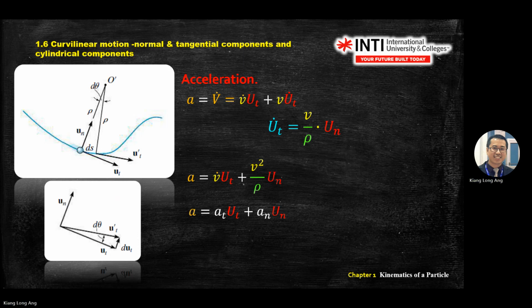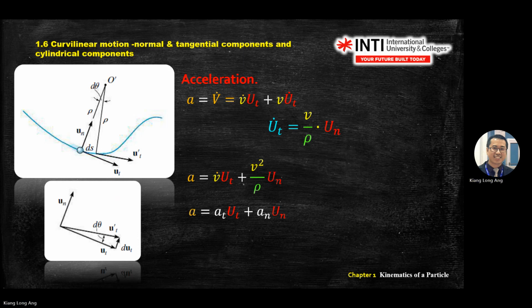Then AN, memorize, AN equals V square over rho. This is important. V square over rho, what is this? V is the green color on the whiteboard here, the tangent velocity, divided by rho. Rho is the radius.